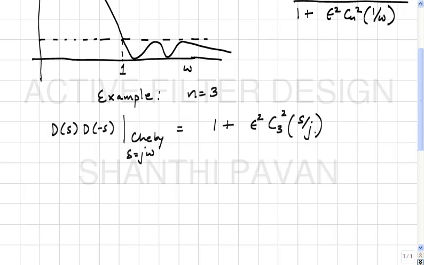And we equated this to 0 to get the poles. That will give us the poles of the Chebyshev filter.